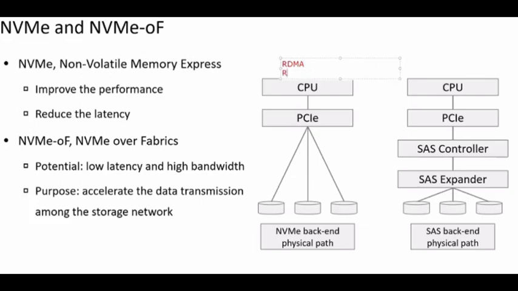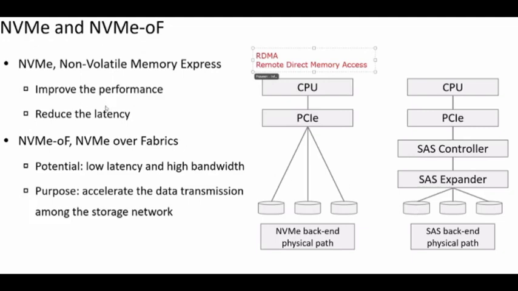RDMA is basically remote direct memory access, right? So using the RDMA technology found with NVMe, you can bypass certain layers of the CPU. NVMe over fabric is basically about expanding the disk fabric and all this stuff.